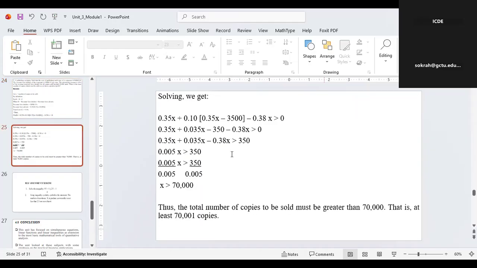So let's go there. So this is what we got, 3,500. Now we still have the bracket there, so we have to continue with the expansion with the 0.10. We multiply 0.10 by 0.35x, and that gave us this. We multiply 0.10 by negative 3,500, and that gave us 350.